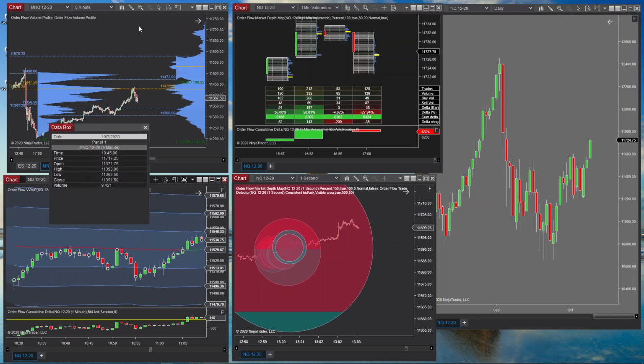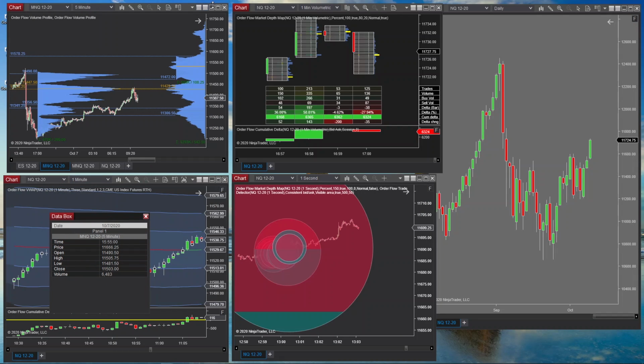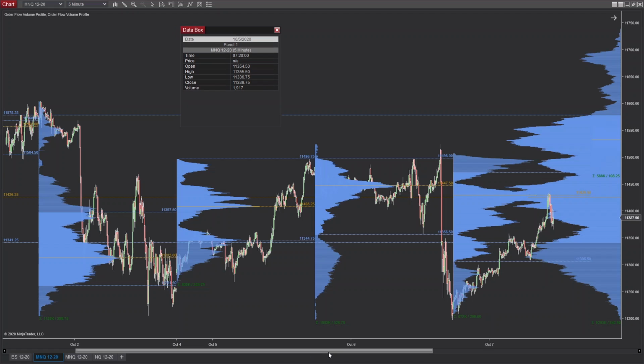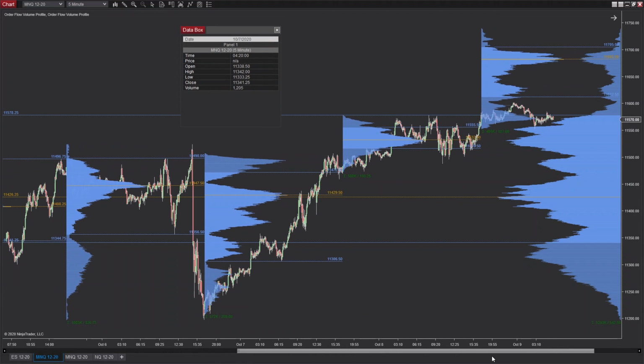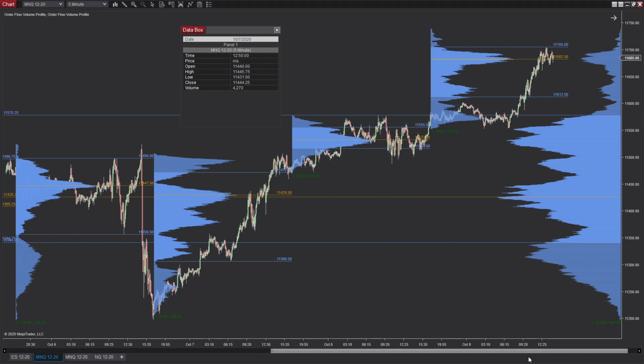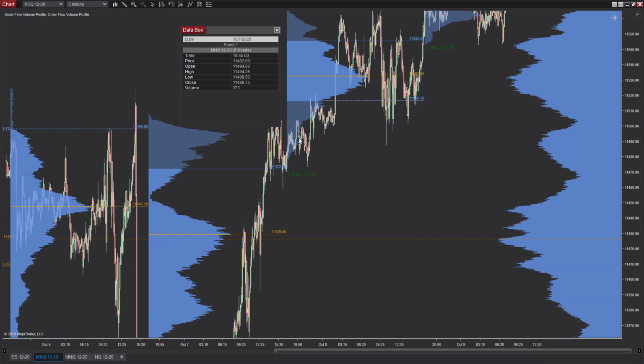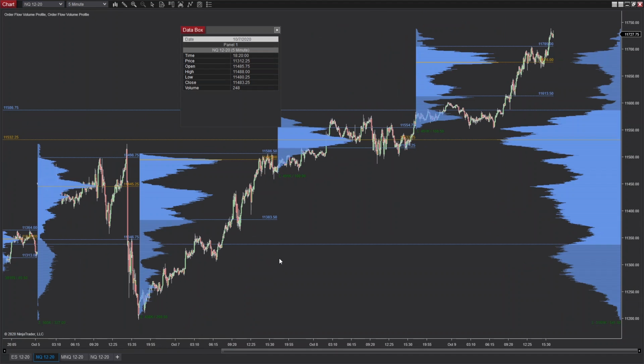Okay, now let me jump over here. Let's pull up the volume profile real quick. See if this works, hopefully smooth. Okay, actually, this is micro. Let me switch to the NQ.